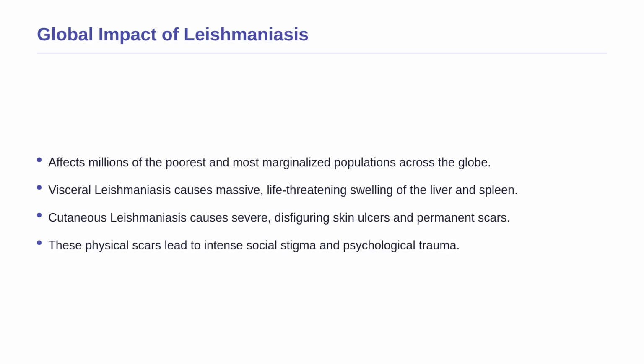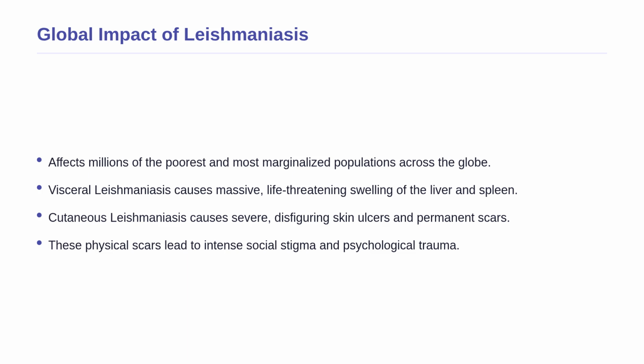These biological definitions lead us to an important question. Why do we dedicate an entire topic to this one tiny insect? The reality is that these diseases affect millions of the poorest and most marginalized people on Earth. The visceral form of leishmaniasis, known as Kala-Azar, attacks the internal organs, causing massive swelling of the liver and spleen.